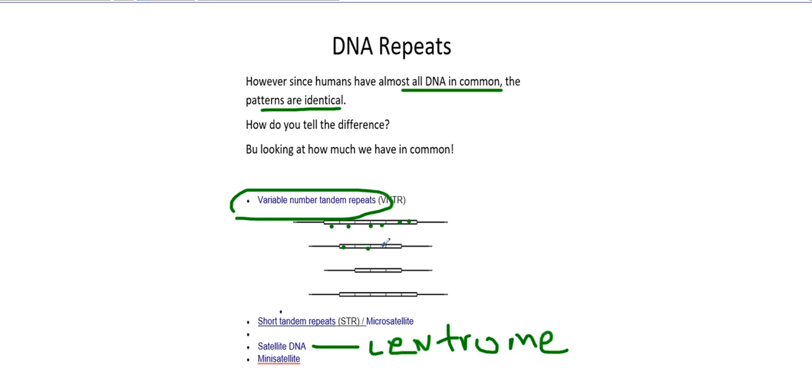Some people might have 4 of them. Some people might have 3 of them. Some people might have 5 of them in a row. So what you do on gel electrophoresis is you look at these areas we have in common, these VNTRs, and you run them on a gel and you see how many we have in common, and that tells us if we're different or if we're the same people.